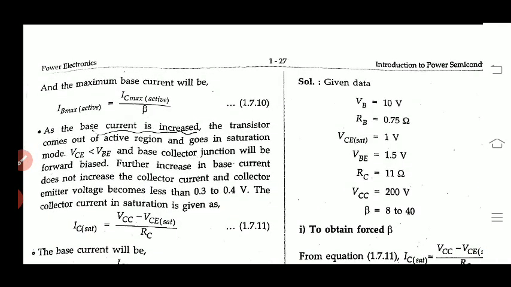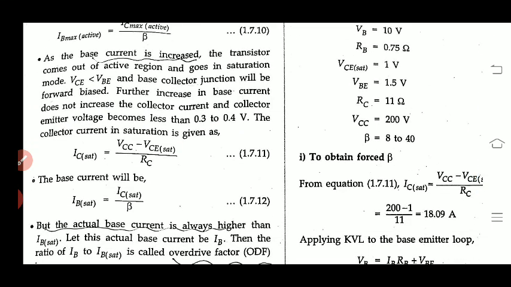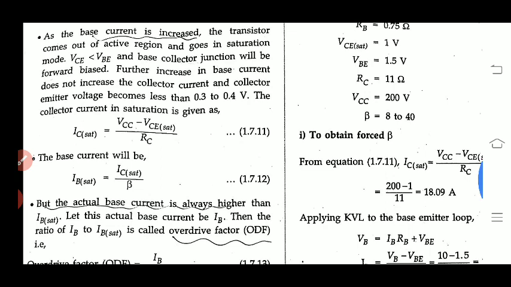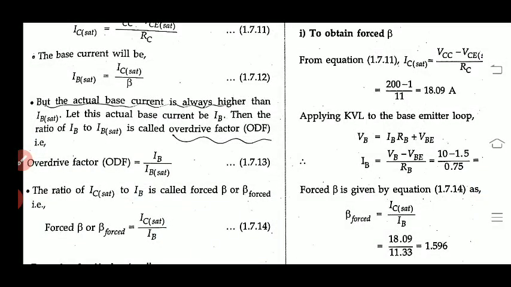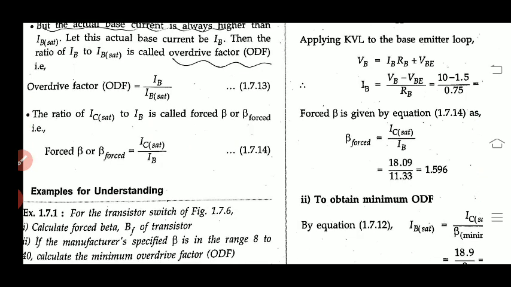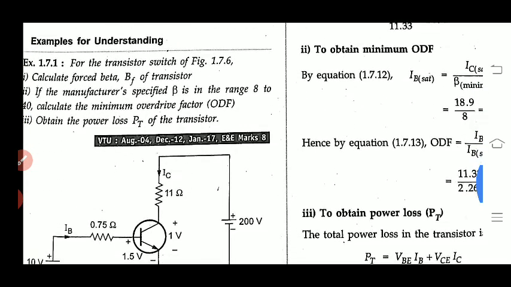Next we will get IB max equal to IC max active divided by beta. Next IC saturation equal to VCC minus VCE sat divided by RC. IB sat equal to IC sat divided by beta. Next we will get overdrive factor equal to IB by IB sat. Beta forced equal to IC sat divided by IB.